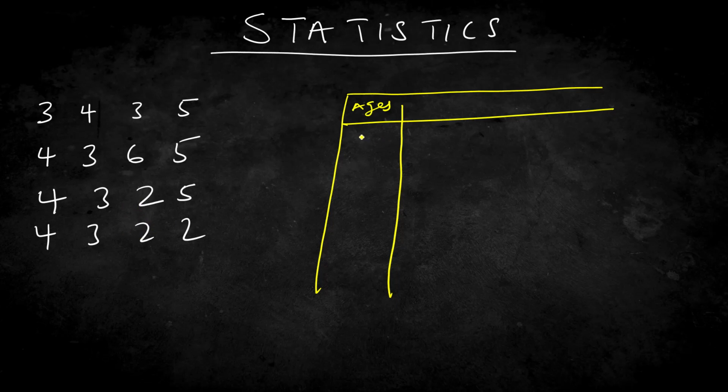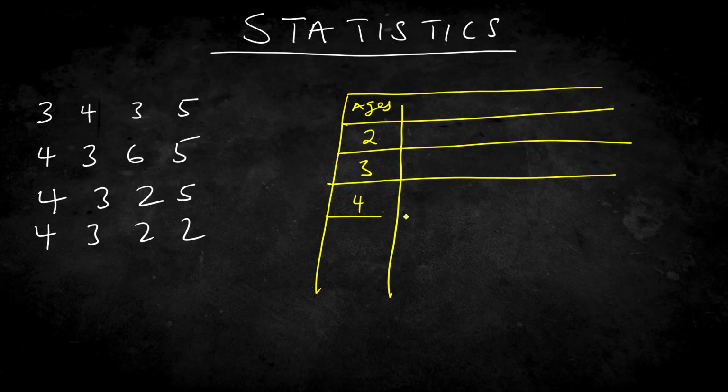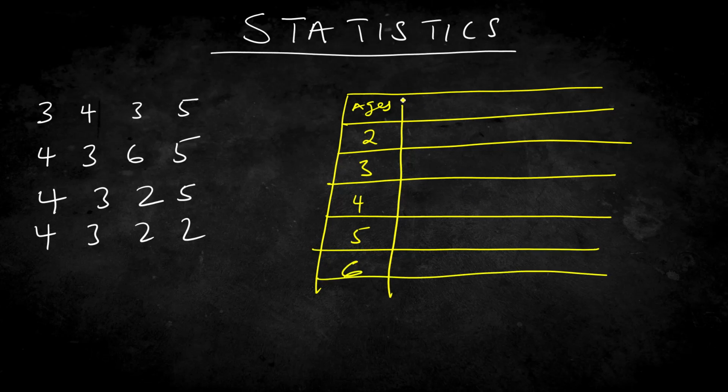So we have 2, 3, 4, 5, and we have 6. Okay, so let's go to the tally side. Tally is there. And we have the frequency.